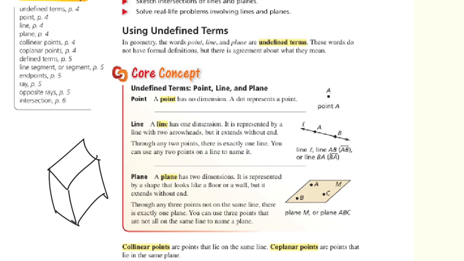With, of course, the one exception that actually a plane would extend forever up and down, and the lines would continue forever in these directions. What we're dealing with here in this aquarium example is actually more of a line segment, which we'll get to in a second.